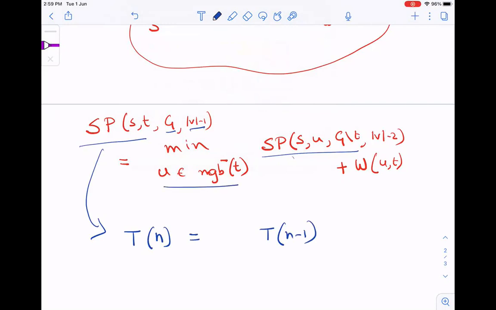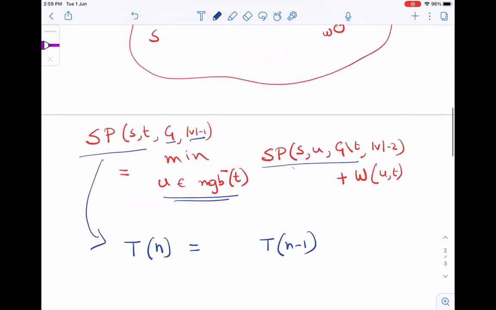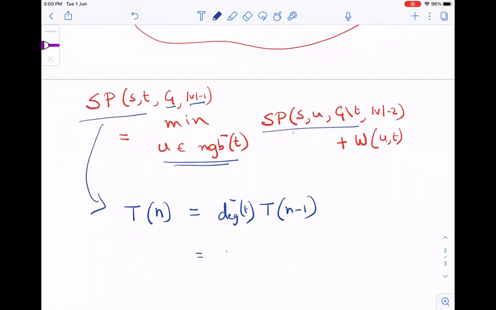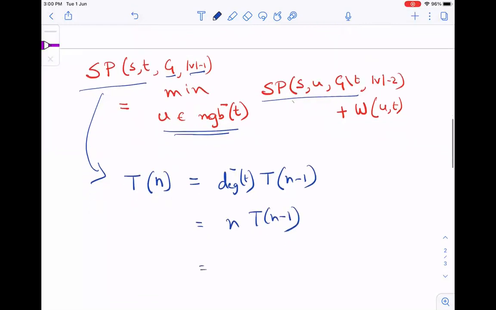And then I have to do it for all possible U. So this is basically the degree of T, which in the worst case can be n, so n into T of n minus 1. So this is basically n factorial. So are you following this?